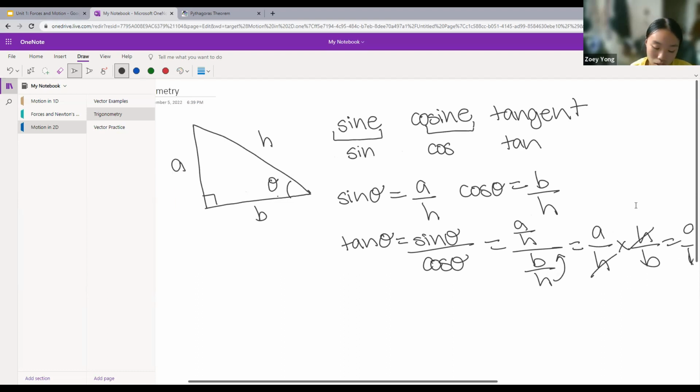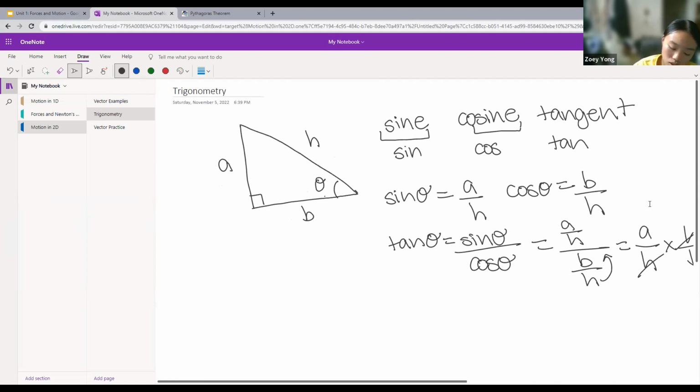So how do I remember all of this? You can remember the acronym SOHCAHTOA. Sine is the opposite side divided by the hypotenuse, which is the longest side. Cosine is the adjacent side, the one that's touching, divided by the hypotenuse.